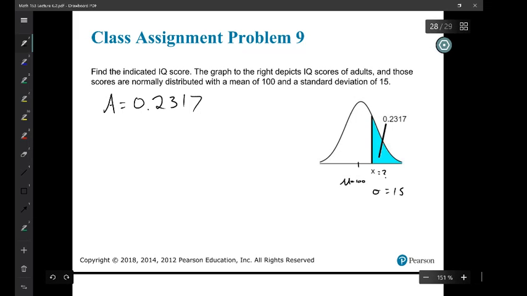So, z-score. Actually, look up the z-score corresponding to an area to the right of 0.2317.